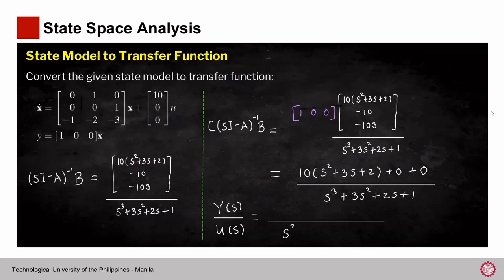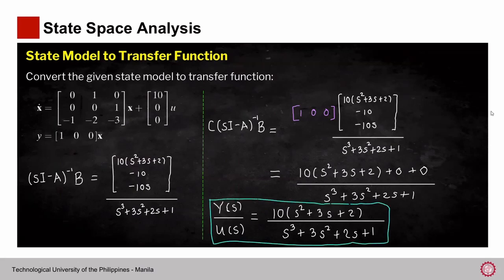This is nothing but 10 times s square plus 3s plus 2 upon s cube plus 3s square plus 2s plus 1. No need to factor in the gain. And this is our answer.